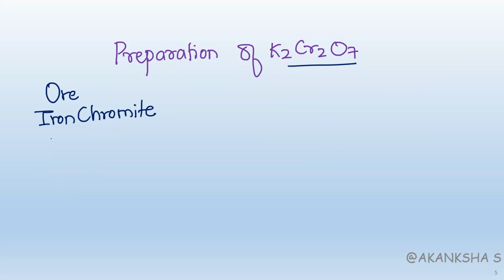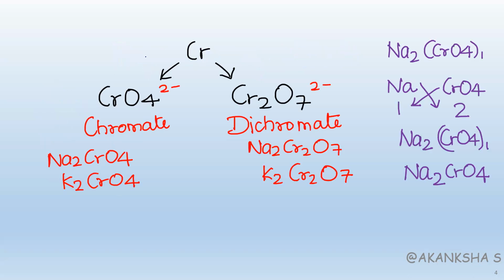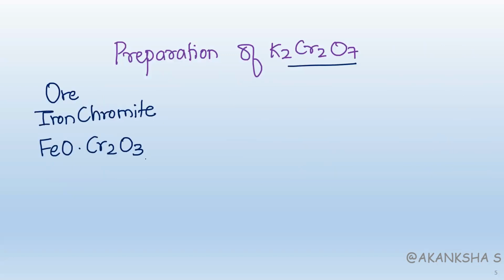Iron chromite is denoted using the compound formula FeO·Cr2O3. Pay attention: chromate, from the previous slide, is CrO4, dichromate is Cr2O7, but chromite is Cr2O3.